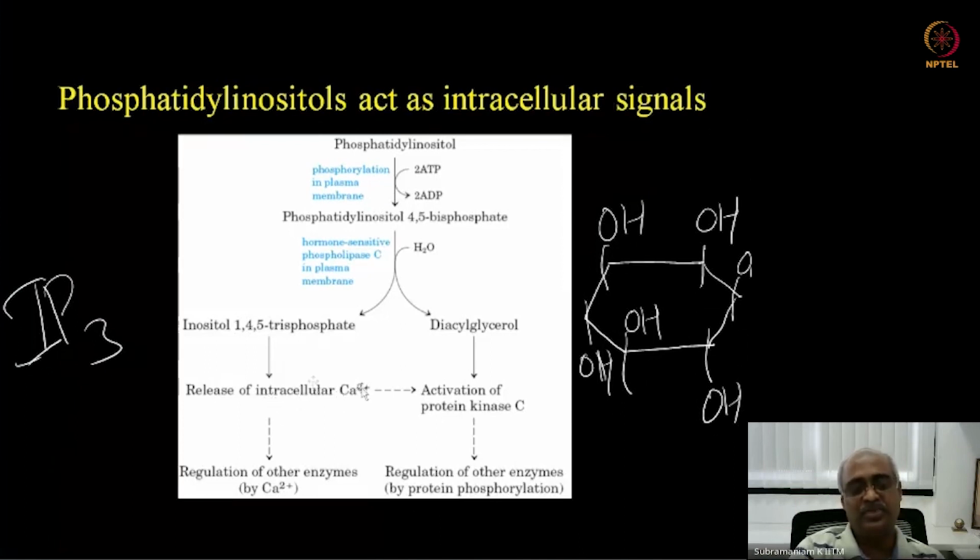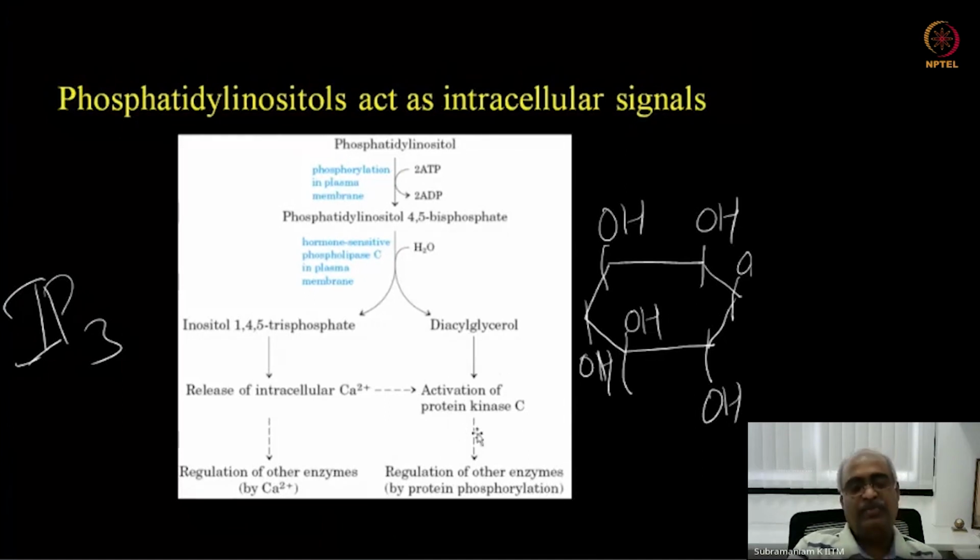And the calcium release in conjunction with the diacylglycerol activates protein kinase C, which is an enzyme that phosphorylates proteins. Remember, covalent modification of proteins can activate or inactivate them. We saw the phosphorylase being activated by phosphorylation, and that phosphorylated phosphorylase being inactivated by removing the phosphate group.